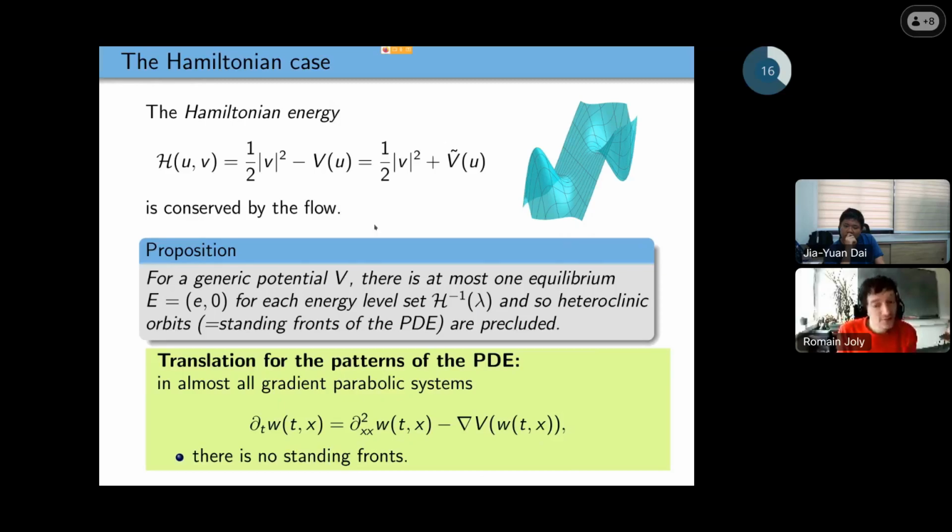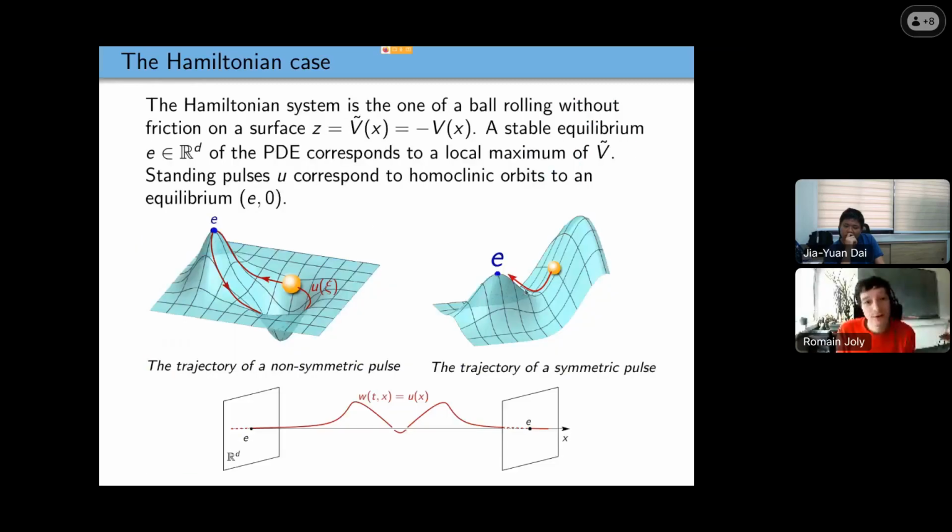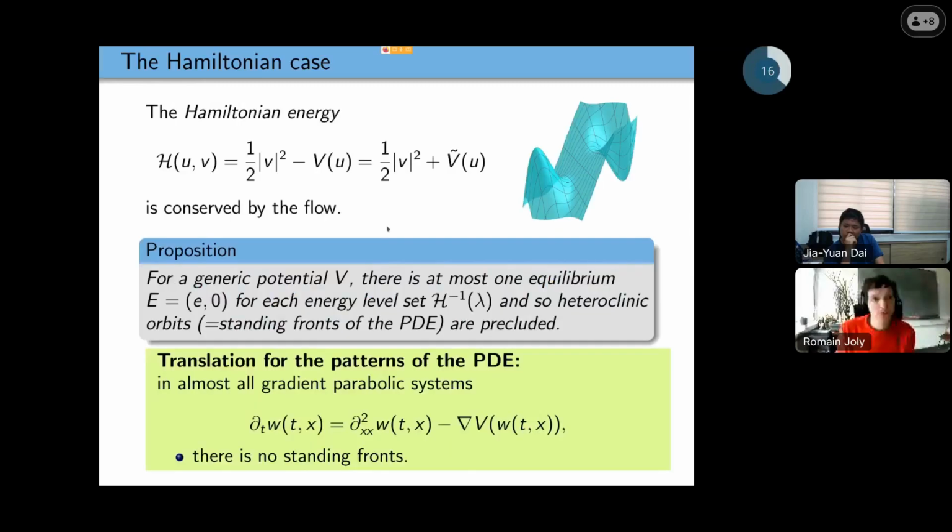Once you have this point of view, there is a very simple result, which is that since the energy is conserved by the flow, if you try to have a standing front, something with zero speed which connects different equilibria, it means we start from some equilibrium point, the ball will roll down here, then go up, and then just stop at the other equilibrium point.